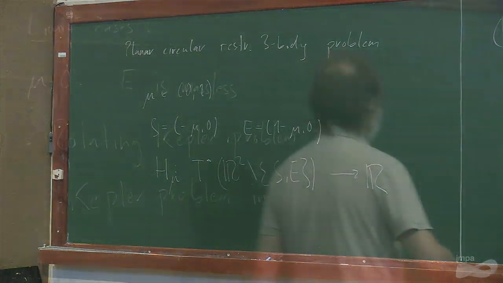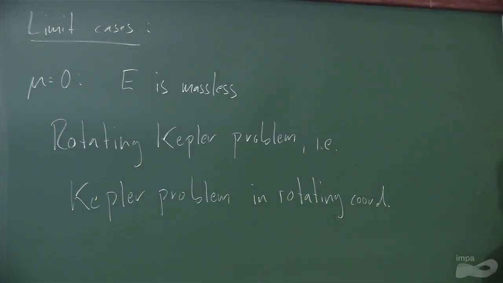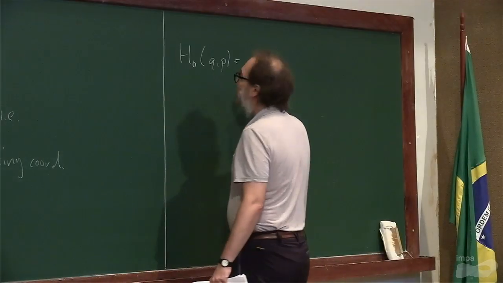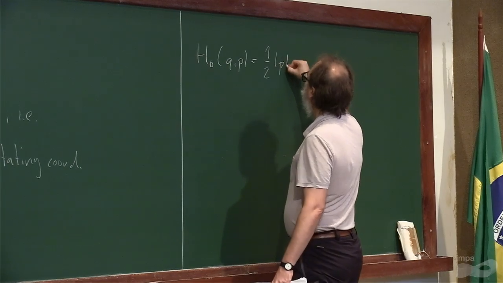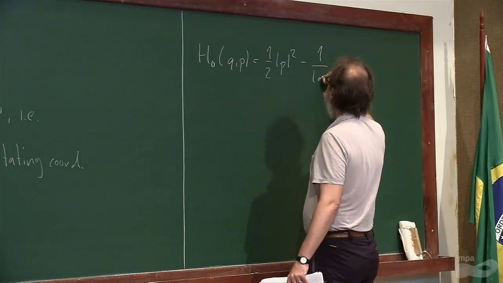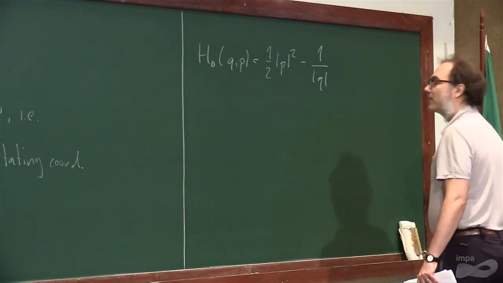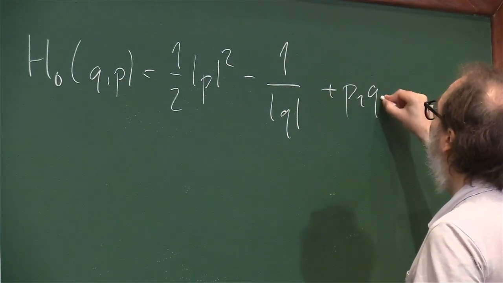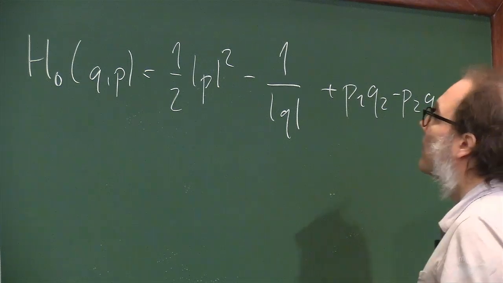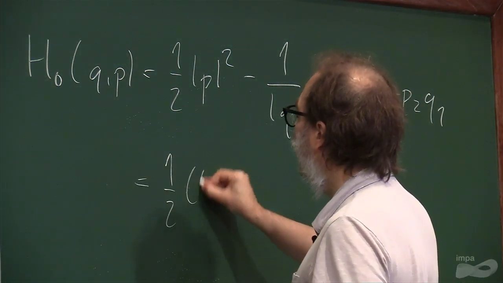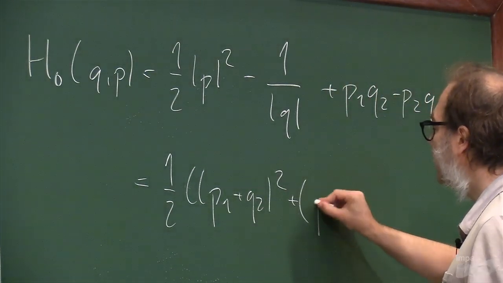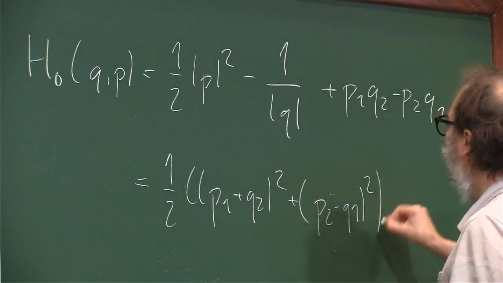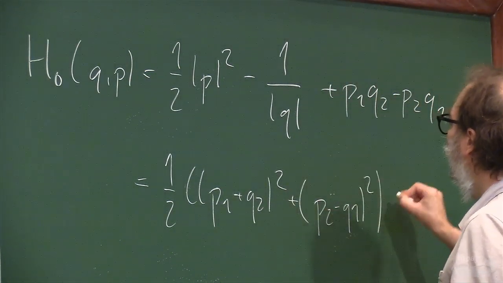So if we have H0, so H0(q, p), this is just 1/2 p^2 minus, now we have just the potential of the Sun, plus angular momentum, which we can also write 1/2 (p1 + q2)^2 + 1/2 (p2 - q1)^2 minus 1 over |q| minus 1/2 |q|^2.